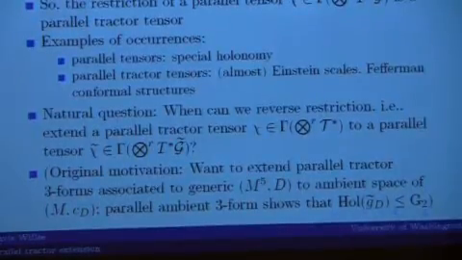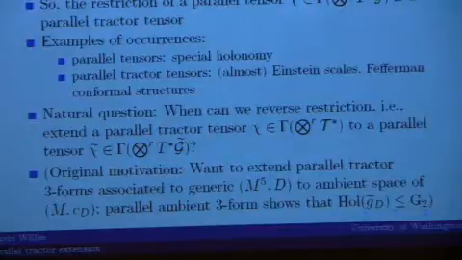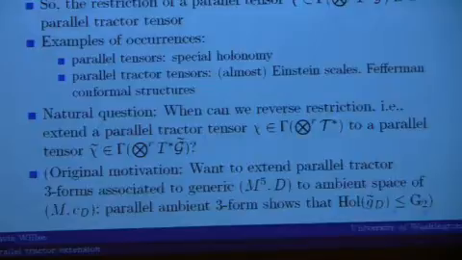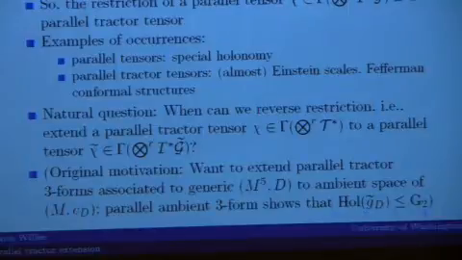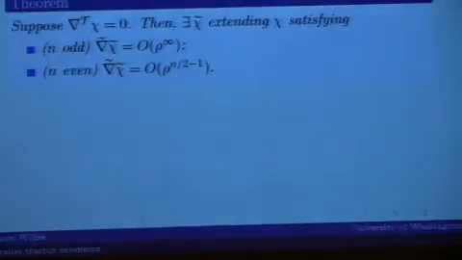We were interested in producing groups of holonomy contained in, and eventually equal to, the split real form of G2. Just to remind you, our method for doing this was to extend a parallel tractor into the ambient direction.